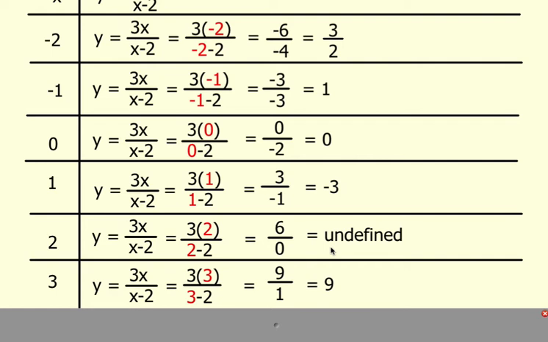However, you should hopefully discover by now that all other x values will produce an output value that is a real number, except when input x is 2. When input x is 2, it produces an output value that is undefined.